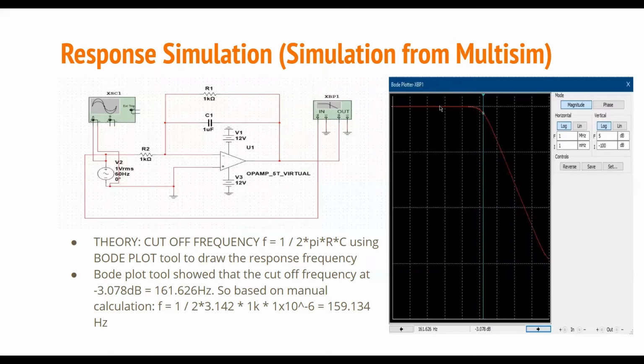And based on manual calculation, f equals 1 over 2 times 3.142 times 1K times 1 times 10 to the power of negative 6, which is equal to 159.134 Hz. So that is slightly different from the simulation on Multisim. On the right side, there is a graph of the Bode plot that we got from the simulation in Multisim.